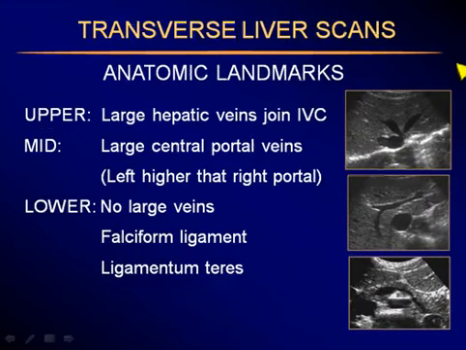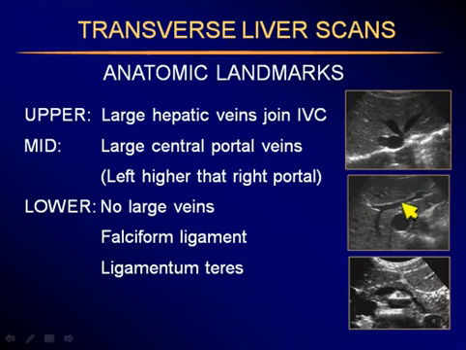So we have now a little bit of insight into the anatomic landmarks on transverse scans of the liver, and let's look at these. In high portions, in the upper parts of the liver, we see large hepatic veins coming together into the inferior vena cava. In the mid portions of the liver, we see the portal veins kind of horizontally situated, the left being a little higher than the right, but nonetheless with the bright walls.